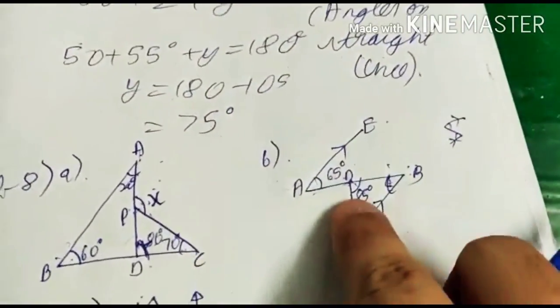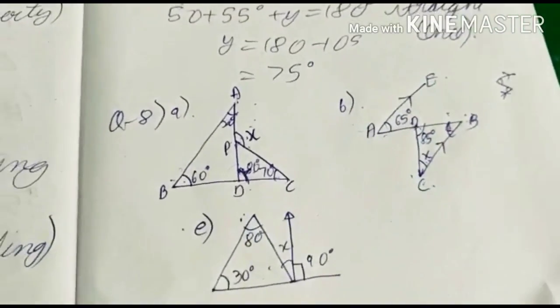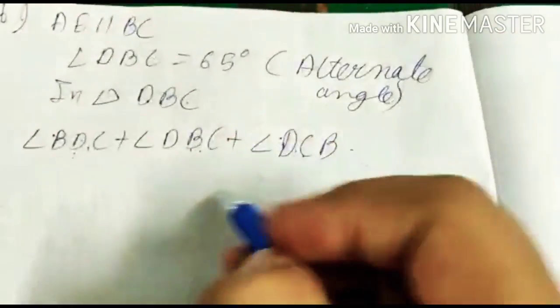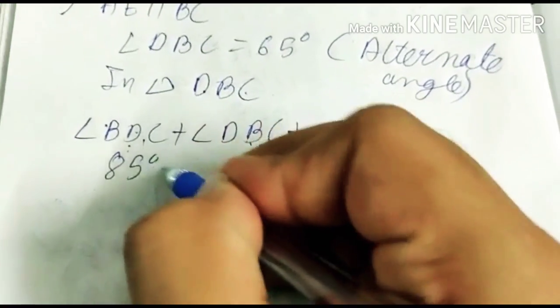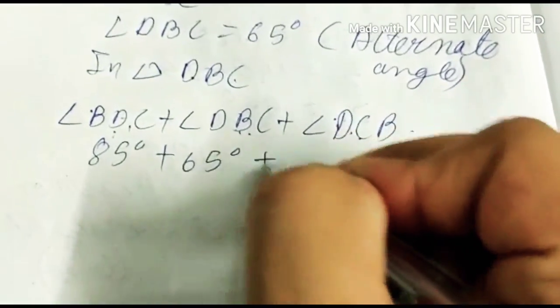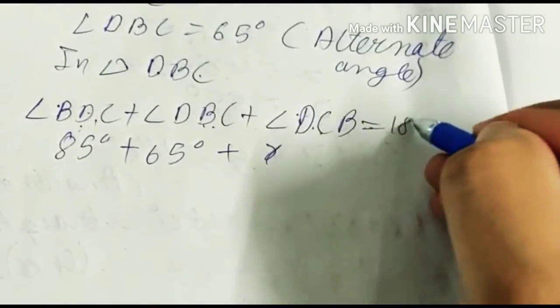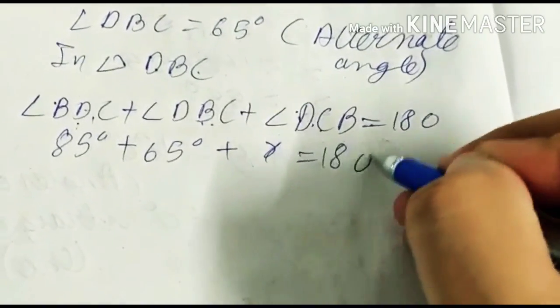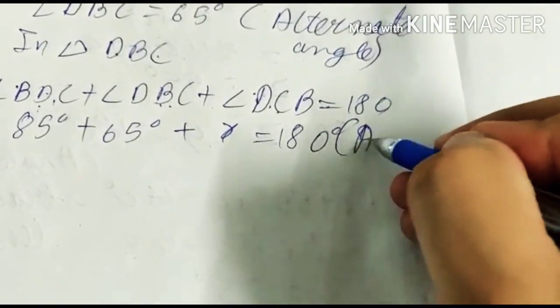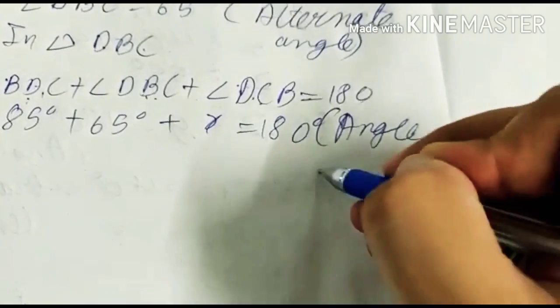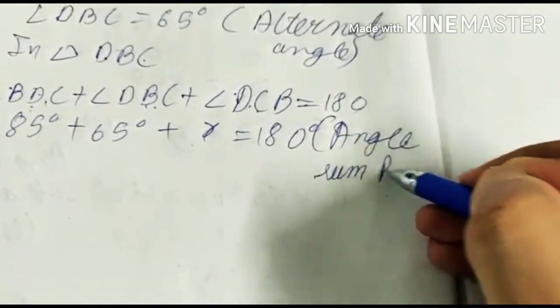So this was angle BDC. BDC is 85 degrees. Angle DBC is 65 degrees, and this is x, equals 180 degrees. How did it come? Angle sum property.